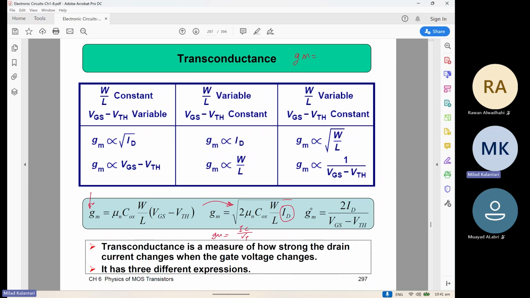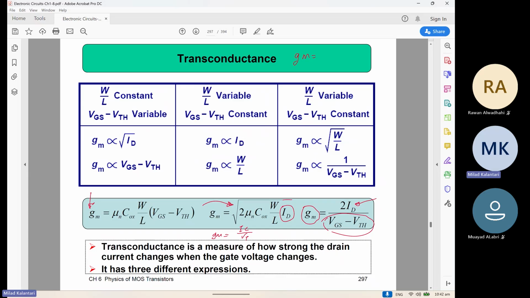Or there is another formula for this that depends on both ID and the VGS. So either of these can be used to calculate the GM. We have different cases to compare the GM.